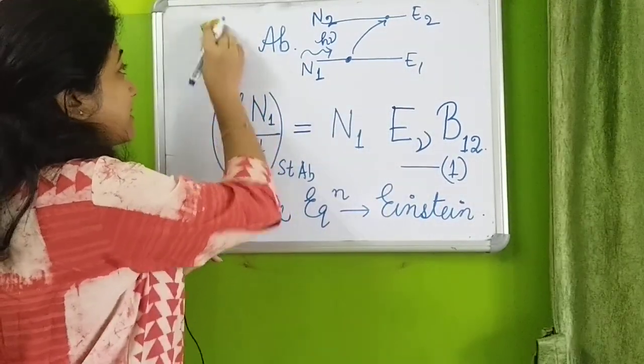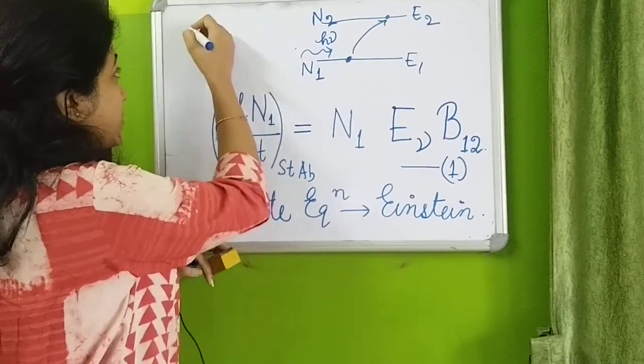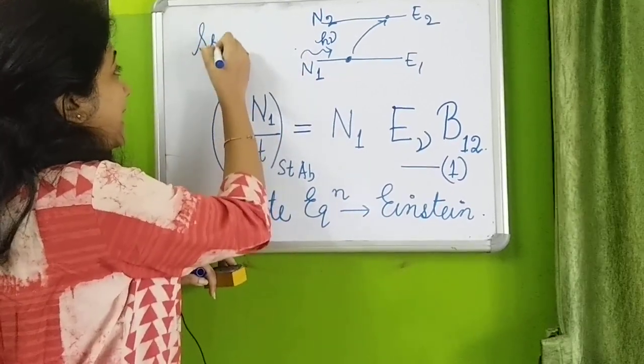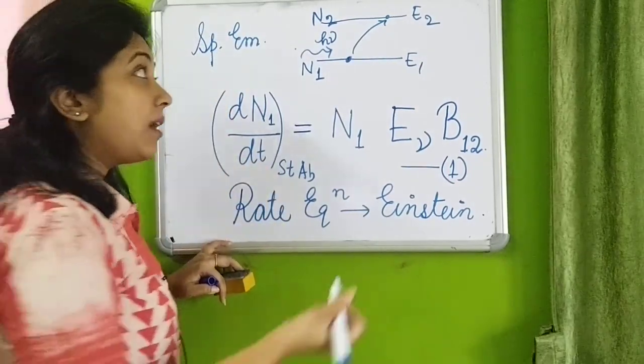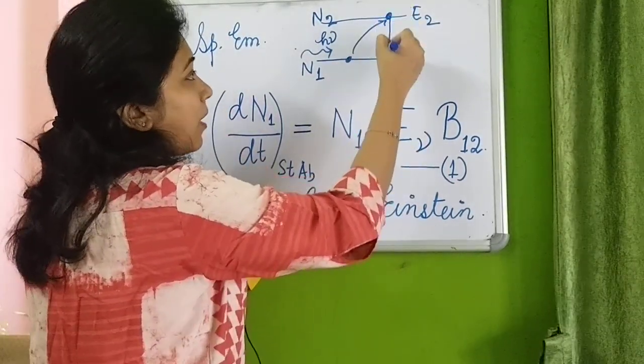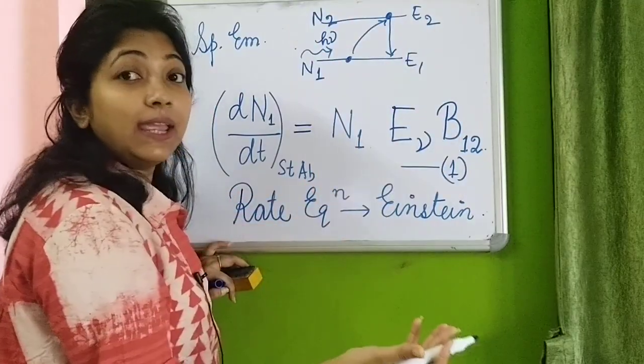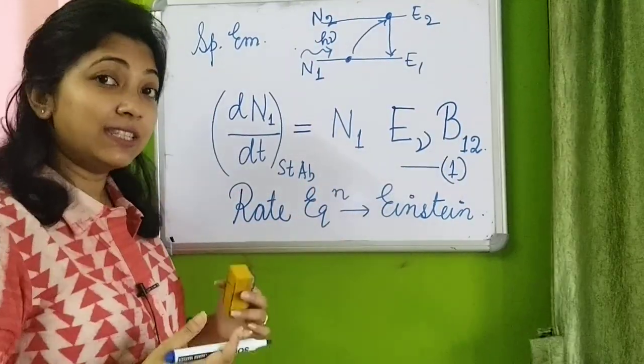Moving to the next process, which is spontaneous emission. How was that happening? The electron was coming down to E1 on its own. We did not give it any stimulation.